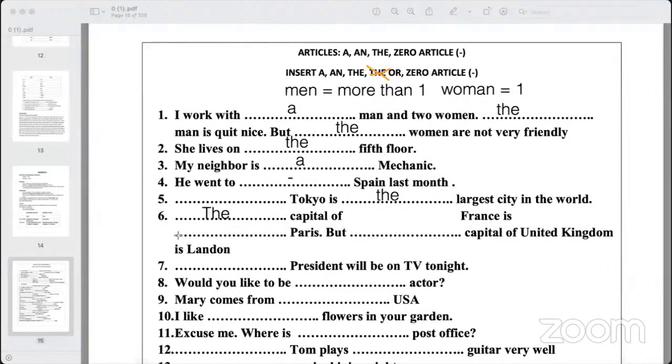Sorry guys, I should have checked this earlier, but I don't know why there's these gaps. So the capital of France is Paris, and then it will be the capital of the United Kingdom is London, which has been spelt incorrectly, unfortunately. And I should have noticed that. London.